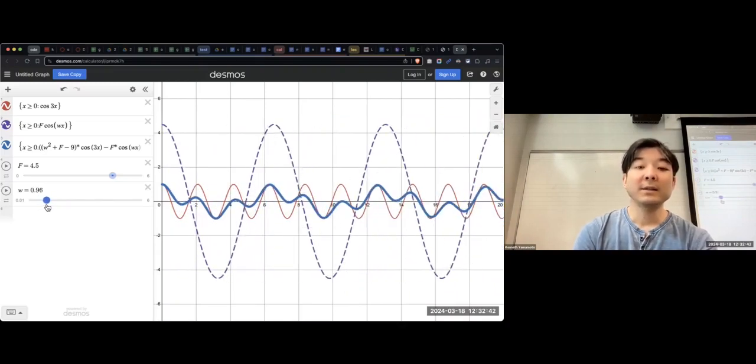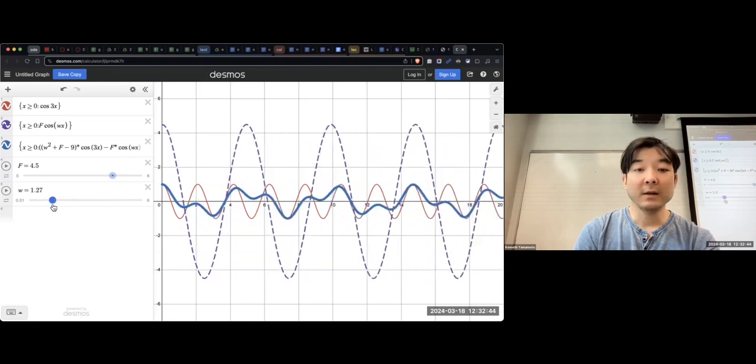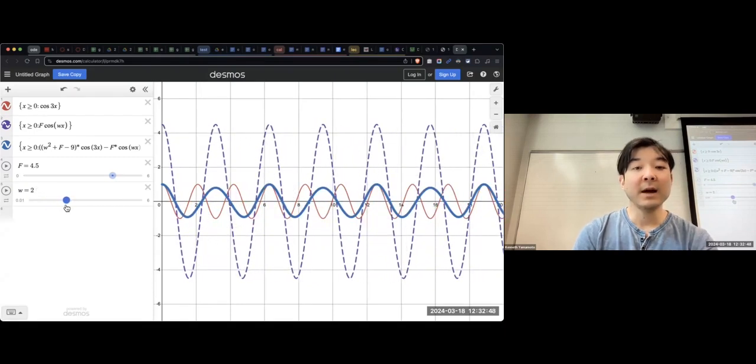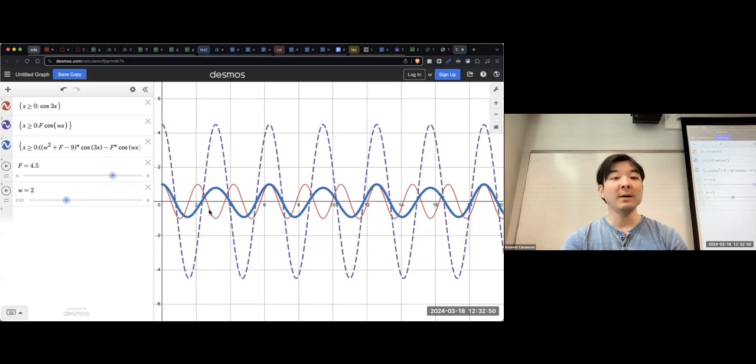Okay, so let's look at right here. Why am I looking at this one? Just by looking at it, I wanted to look at this time right here.